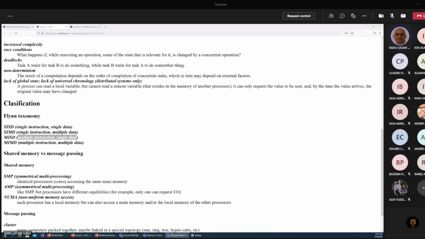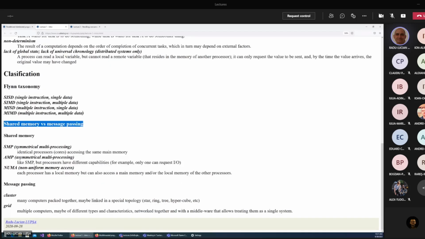Now, more to the point will be this classification. Do we have a shared memory, or do we communicate only via messages? And the difference is not as clear-cut as here, but let's go a bit into the classification. So this is the idea of a multi-core CPU.